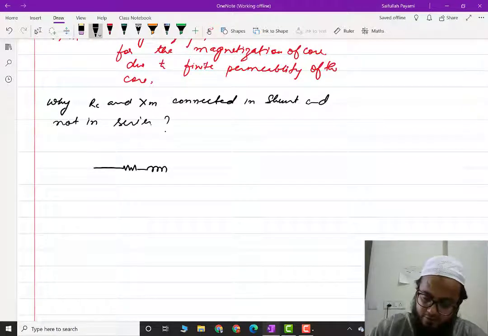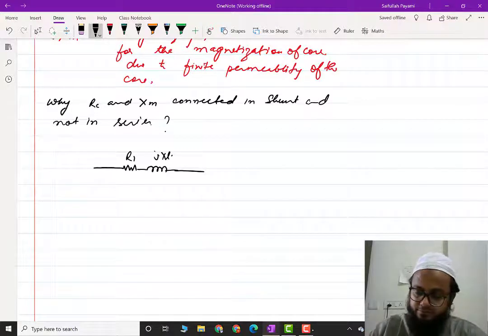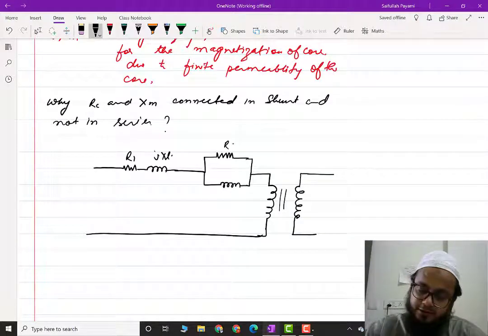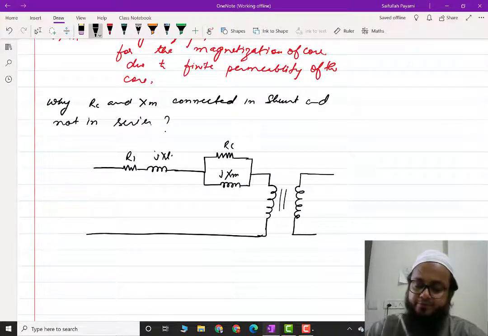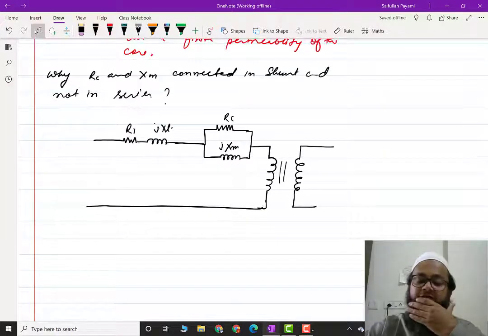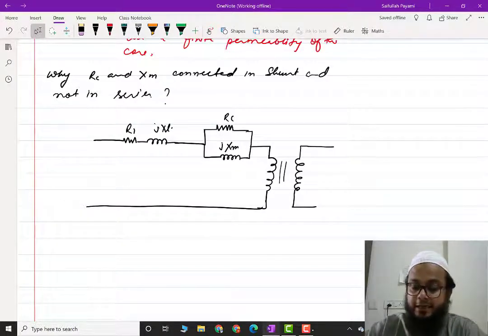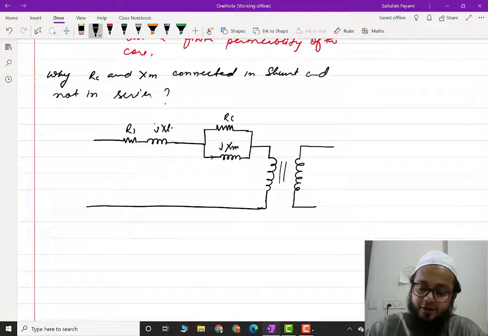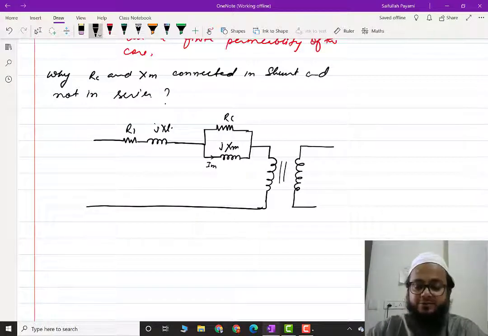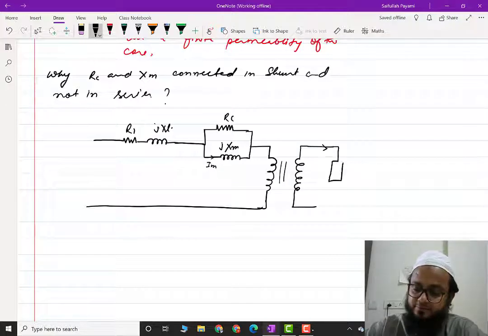R1, jXL1, then RC and jXM. What we have said is that this magnetizing current IM is flowing here, and because of IM there is some flux. Now let's say you load this, so there is some load current here, and corresponding to it some load current would be drawn from the primary.